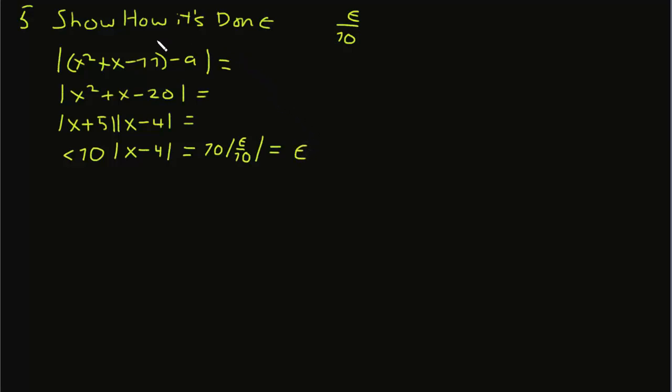So we've shown that all of this, with the delta value that we've chosen, epsilon over 10, gives us something which is less than epsilon.